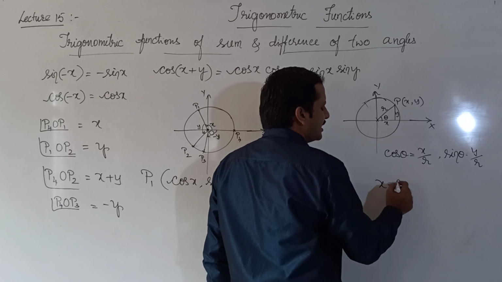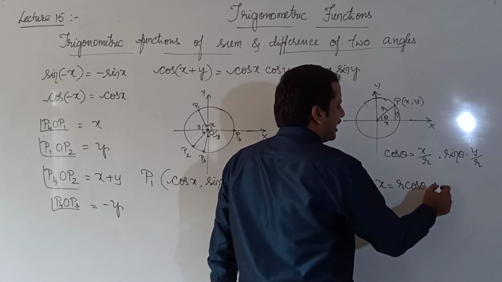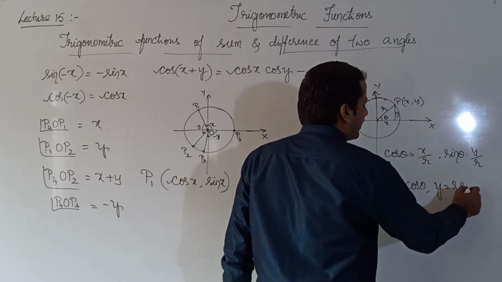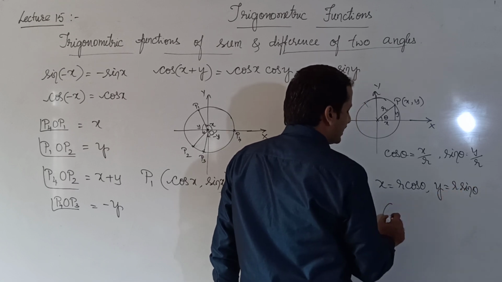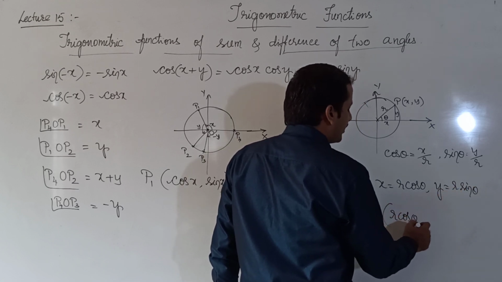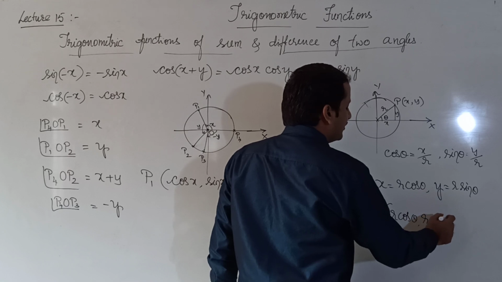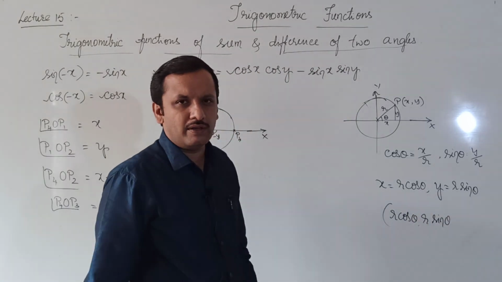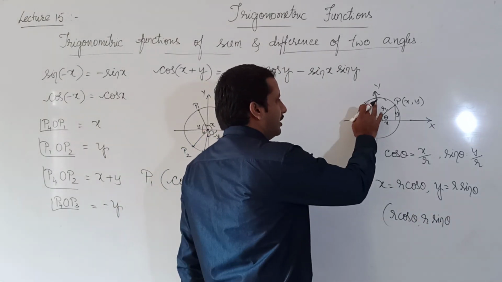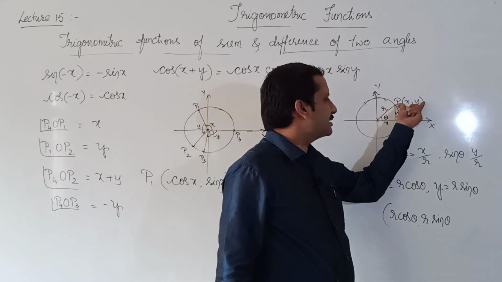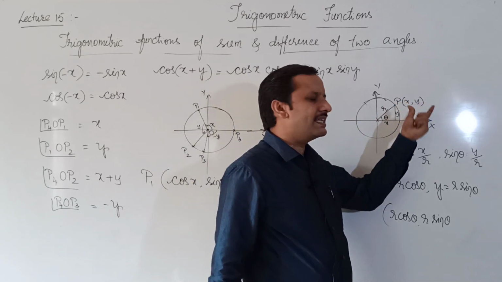Therefore, x is equal to r cos theta and y is equal to r sin theta. So x comma y can be written as r cos theta comma r sin theta.